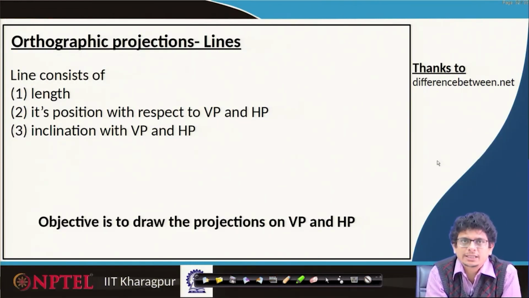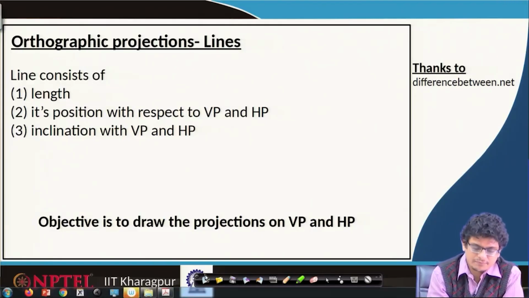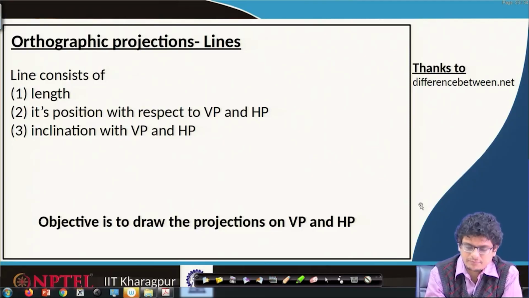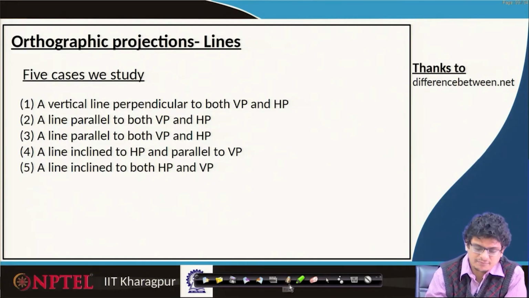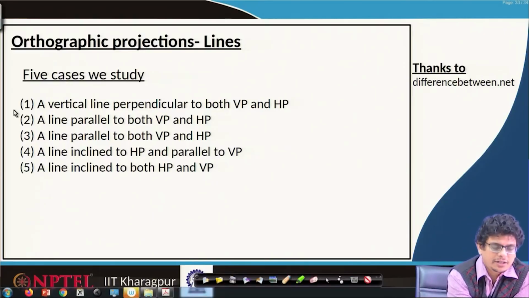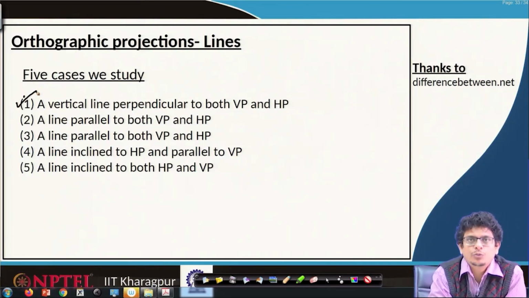The objective of today's lecture is how to draw the projection of a line on a vertical plane and horizontal plane. In principle, 5 cases exist for this projection of lines. The first one, a vertical line perpendicular to both horizontal plane and vertical plane.